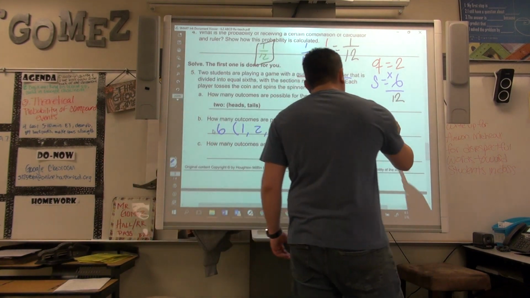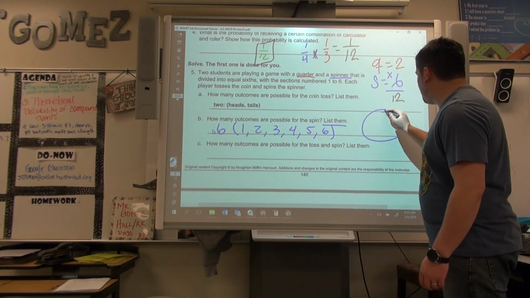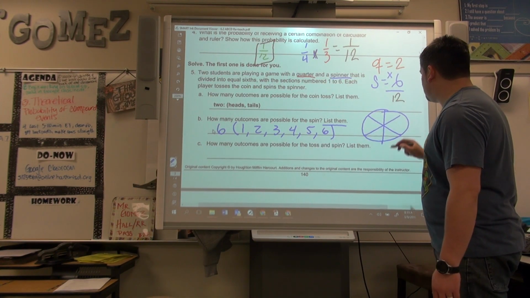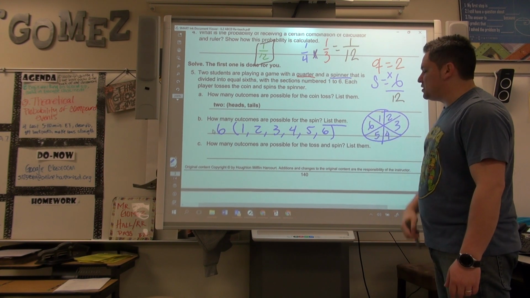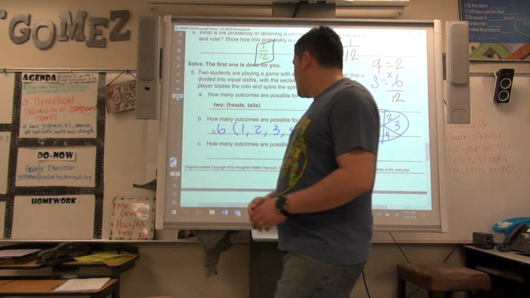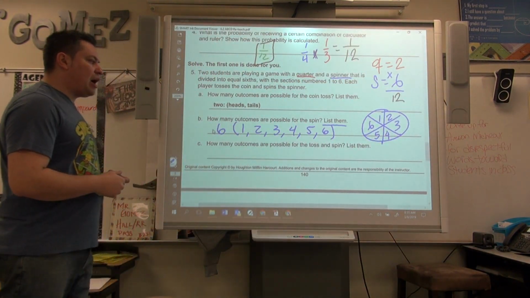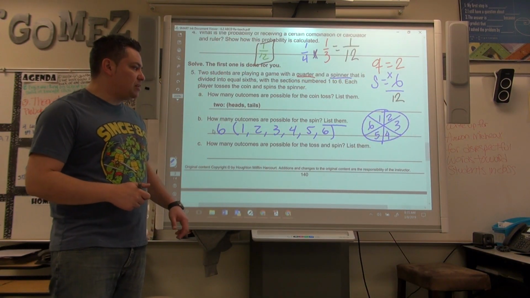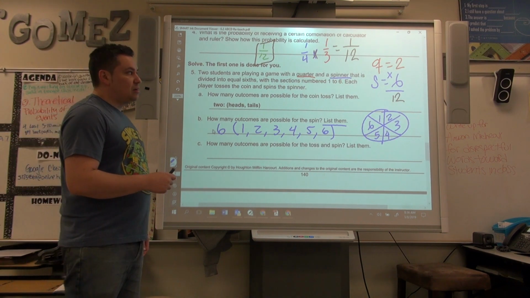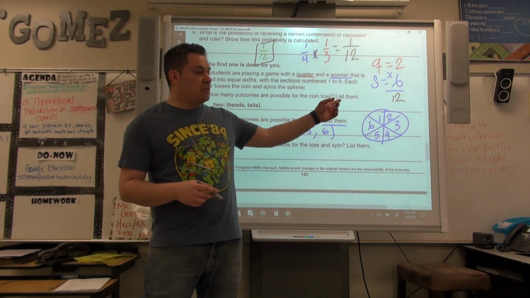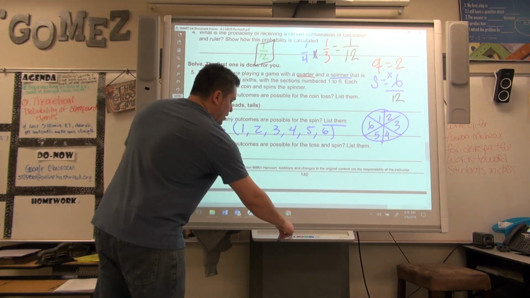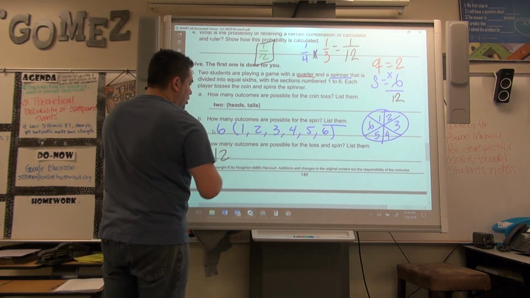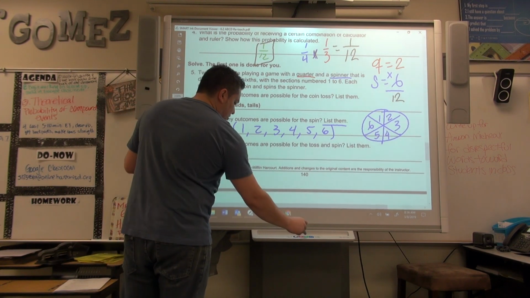Or you can even draw the spinner right here and divide it into 6. 1, 2, 3, 4, 5, and 6. And how many total possible outcomes when you toss and spin? We found them. 12. It'll be 2 times 6.